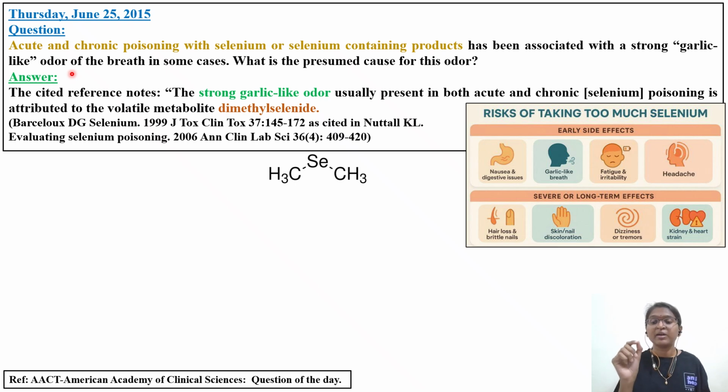Based on the smell of the breath or the smell of the particular chemical which is exposed, you can identify it. So whenever you have a garlic like smell, you can assume that selenium might be the metal which is the reason for this toxicity.